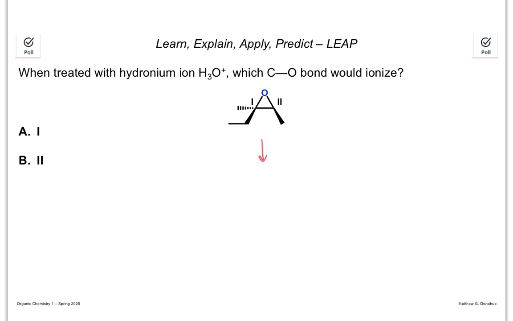So say we take our epoxide, we're going to treat it with acid, so hydronium ion. Hydronium ion is an acid. Therefore, the epoxide has to act as a base. It's going to get protonated. So that will lose water. That oxygen's protonated.